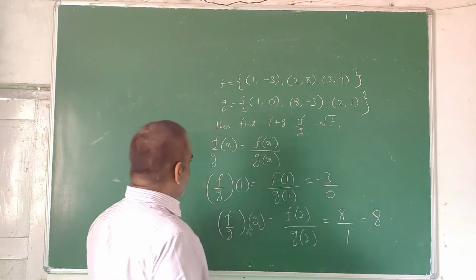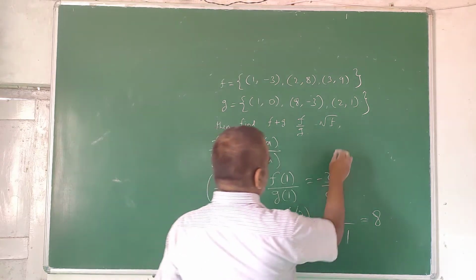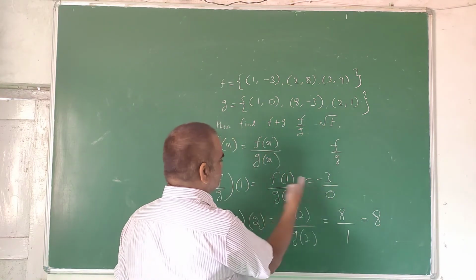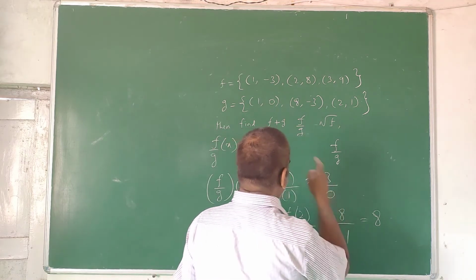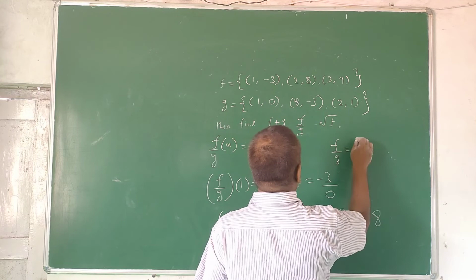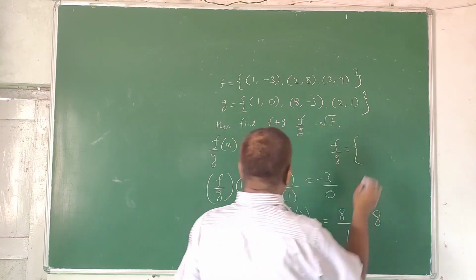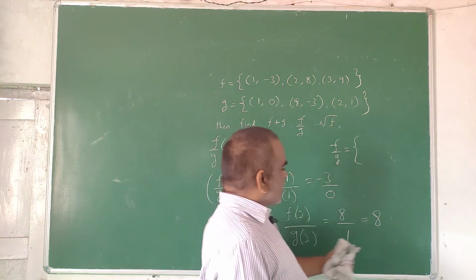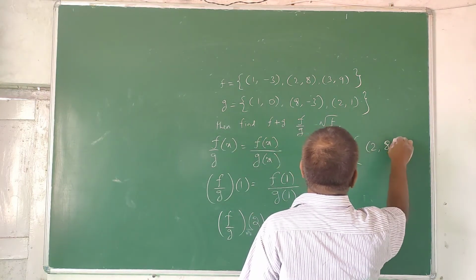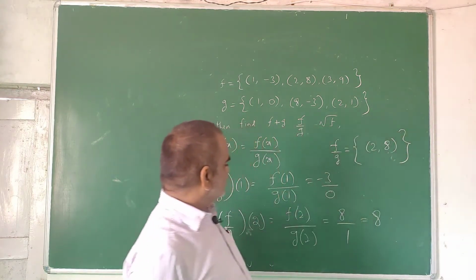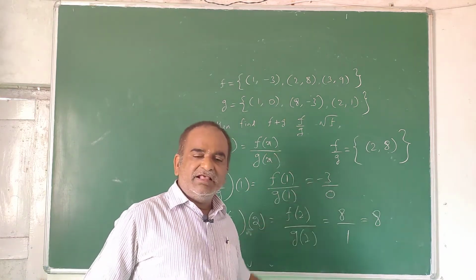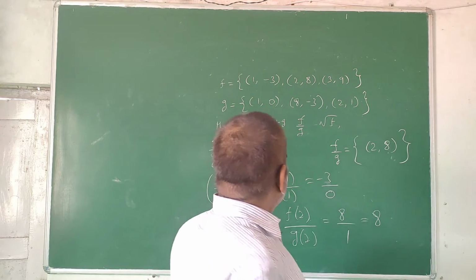So in this problem, f by g is a singleton set, because 1 is associated with an undefined element, so you should not consider it. So f by g is the singleton set {(2, 8)}. Understood? That's it. For f by g, in this case you have to write (2, 8), ignoring this undefined situation.